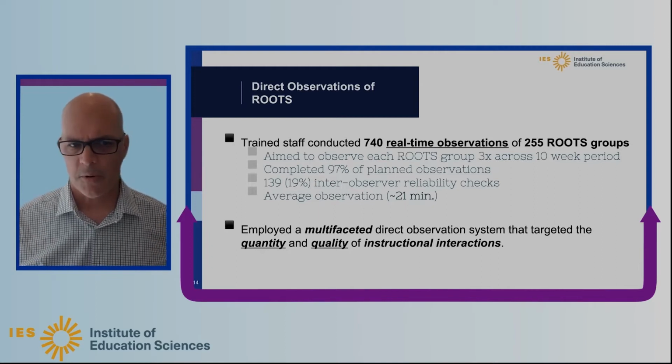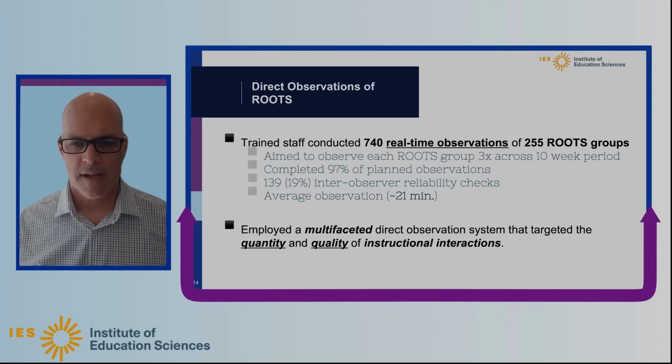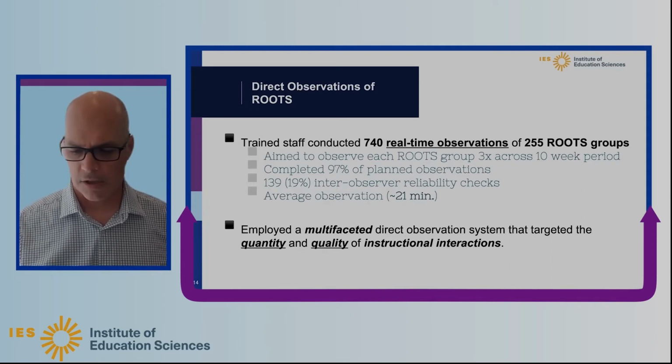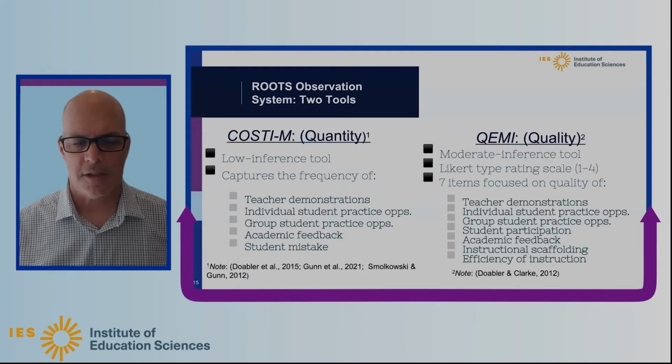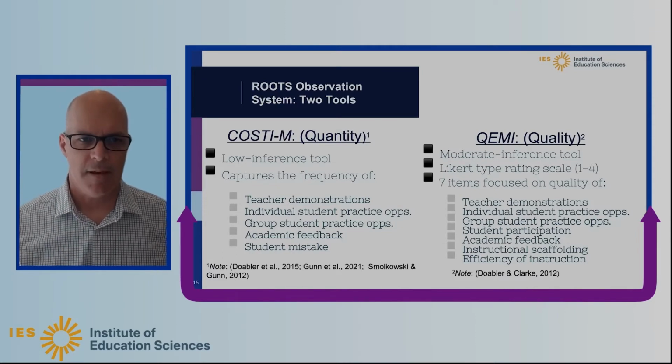The one thing to point out is that we used a multifaceted direct observation system that really tried to document both the quantity and quality of explicit instructional interactions. Now, in terms of our observation system, we had two tools. The one on the left, beginning with the COST-EM, was focused on the quantity of instructional interactions.